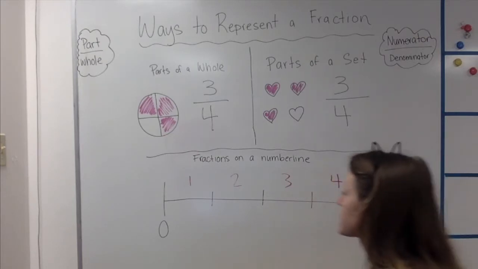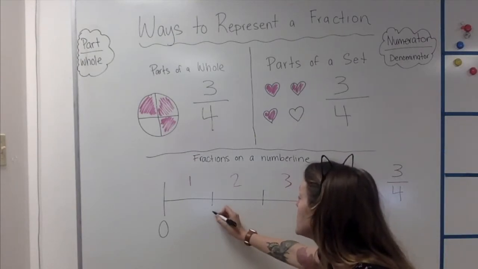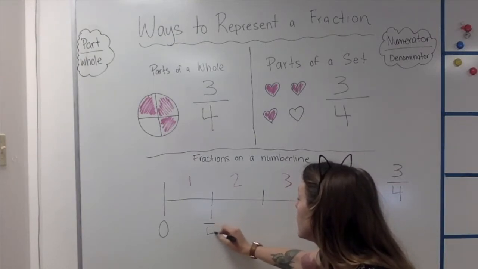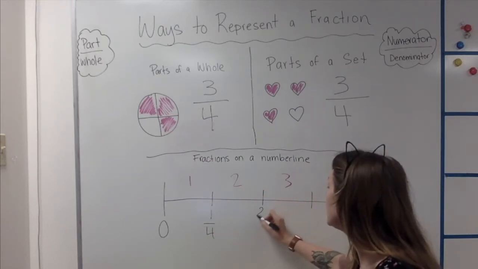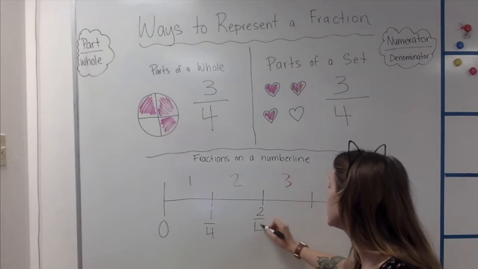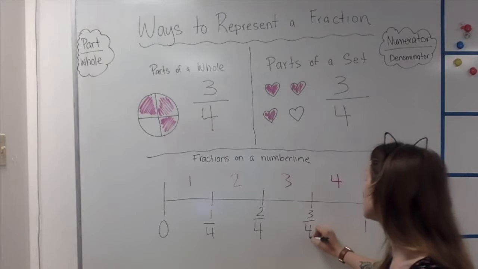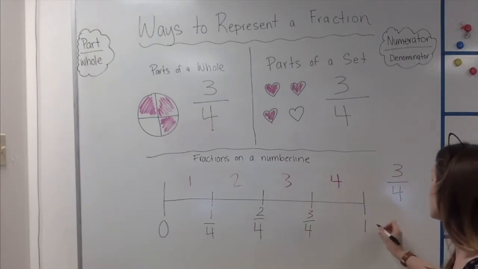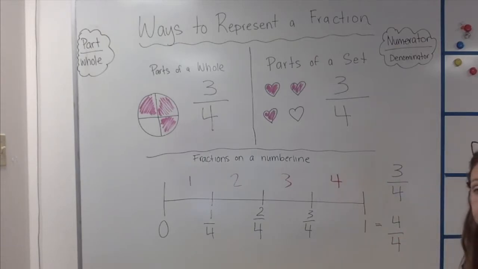So let's look at our number line here. We have 0, and this is going to be 1 of 4 parts. The next line is 2 of 4 parts. The next line is 3 of 4 parts. And 1 is the same as 4 of 4 parts.